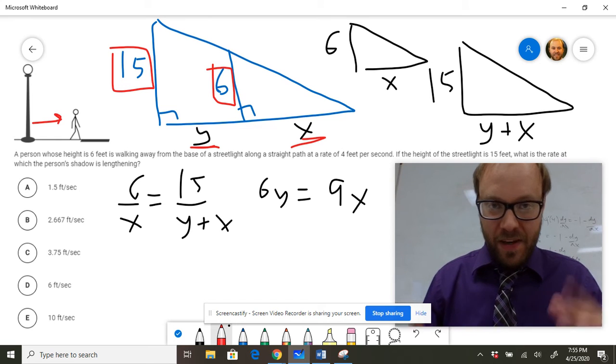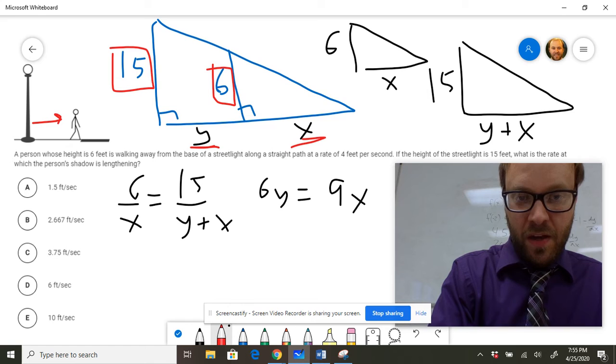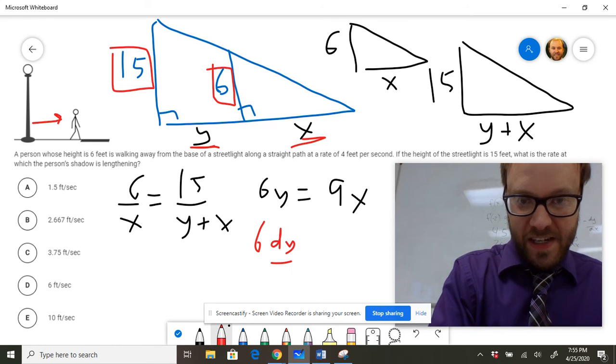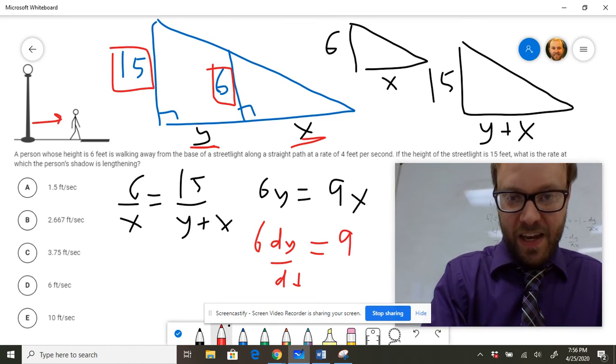So I'm going to take the derivative here with respect to t, and I'm just going to see what happens. I'm just going to do this version. I'm not going to simplify it. So derivative of 6y is 6 times dy dt. Derivative of 9x is going to be 9 dx dt.